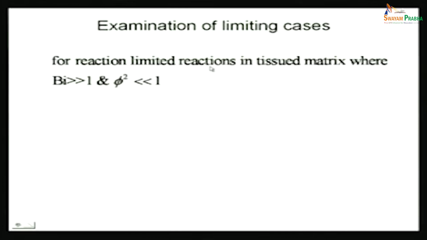So, for reaction limited, what do you need? You need phi square much lesser than 1, or in other words, why are the two conditions necessary? Phi square is much lesser than 1 means that the reaction time scale is much greater than the interface diffusion time scale. Now, why do you need two conditions? Why not?